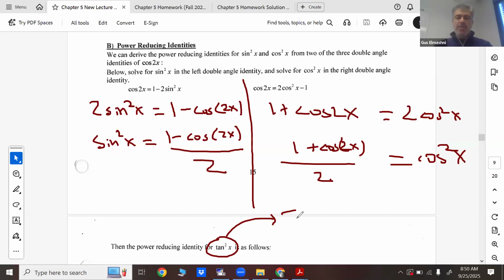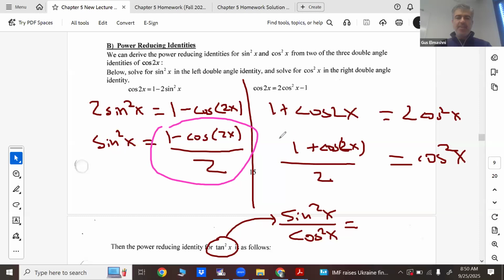Because we know this is true, what you're gonna do is divide this. Yes, good. Now things are clicking. Because we know tan, sine, and cosine, if I square it, what do I get? Sine squared and cosine squared.